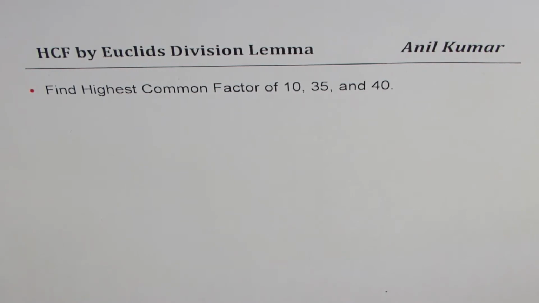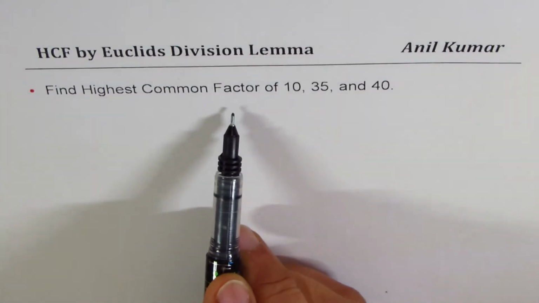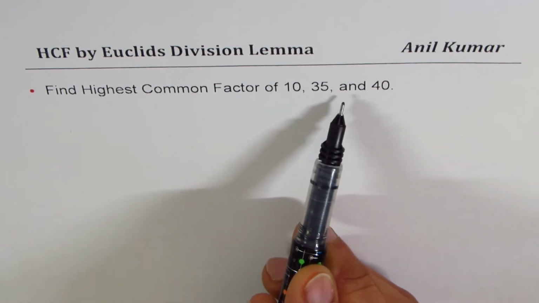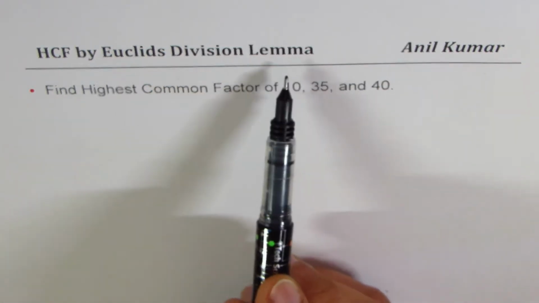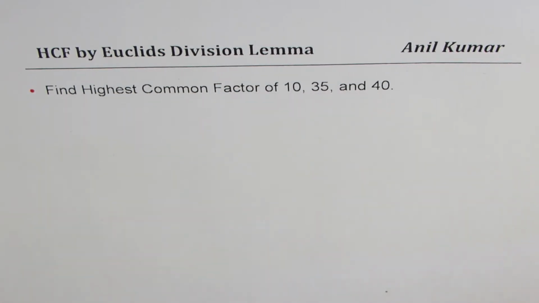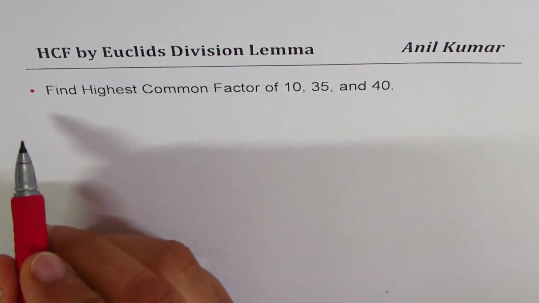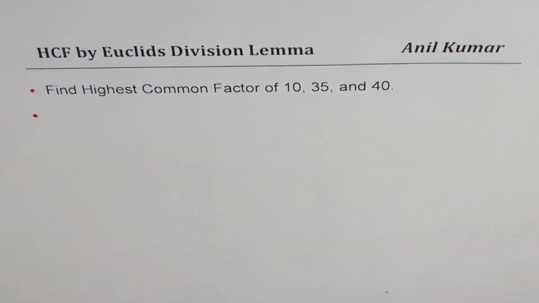Now the question here is to find the highest common factor of 10, 35 and 40 using Euclid's division lemma. As I realize many of my viewers on YouTube are from junior, middle and high school, I will extend the question so that it becomes more applicable for most of my viewers.